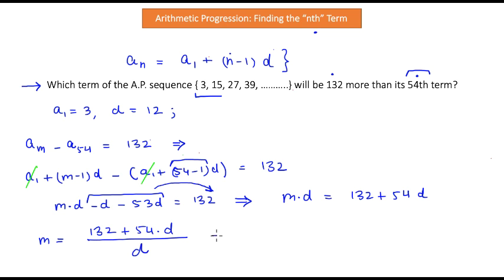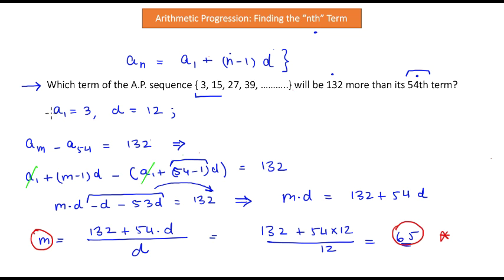That will be equal to 132 plus 54 times 12 divided by 12. When you solve all of this mathematics, you'll find that the answer is equal to 65. So the value of m is 65. It is the 65th term that will be 132 more than the 54th term.